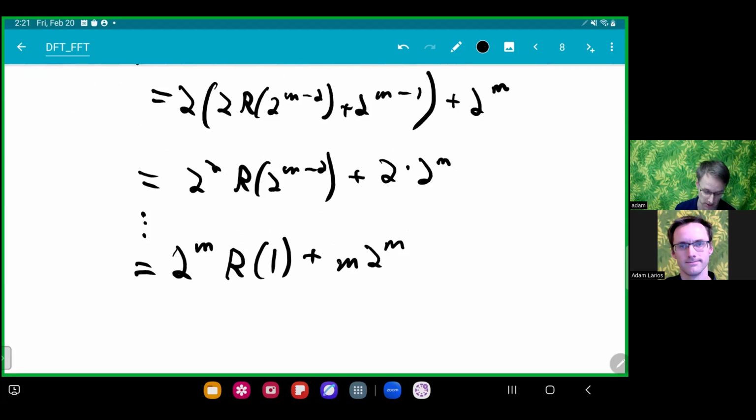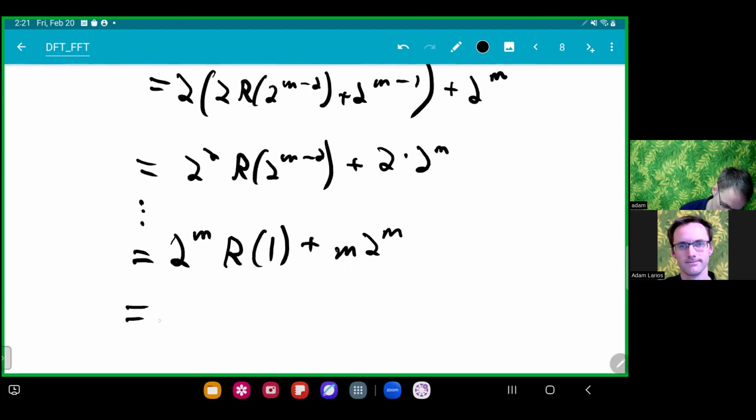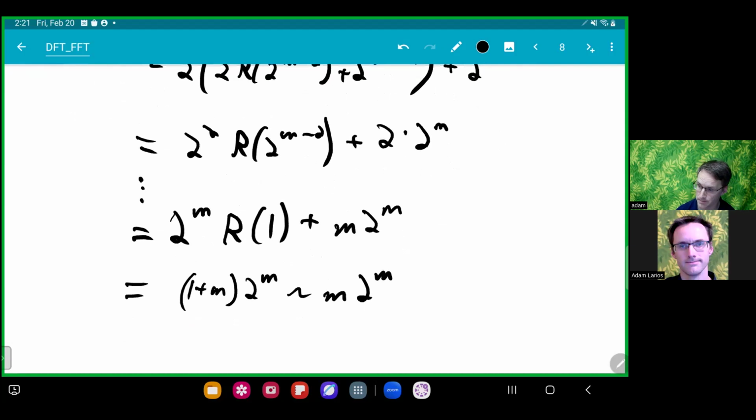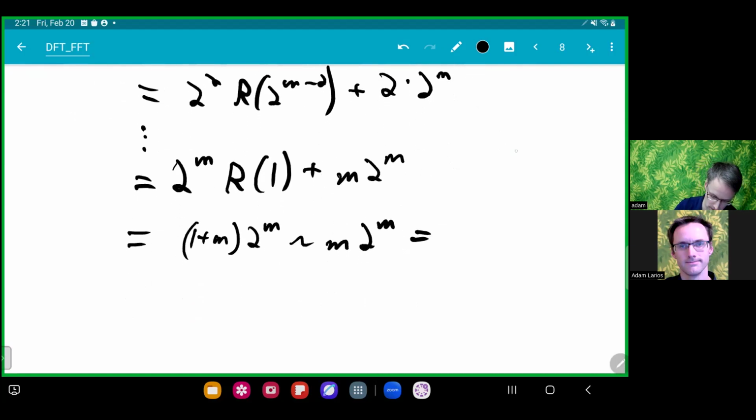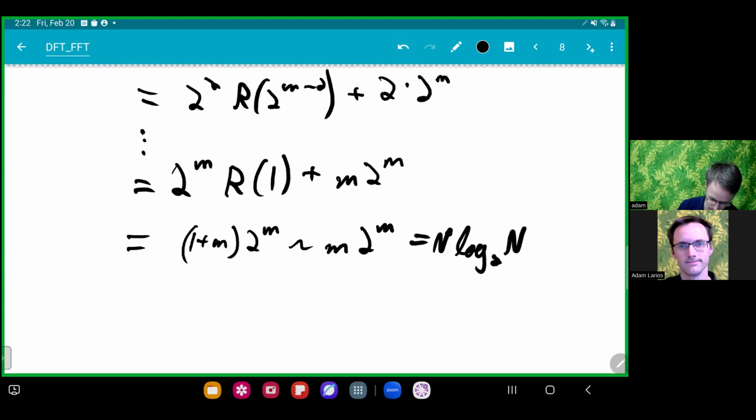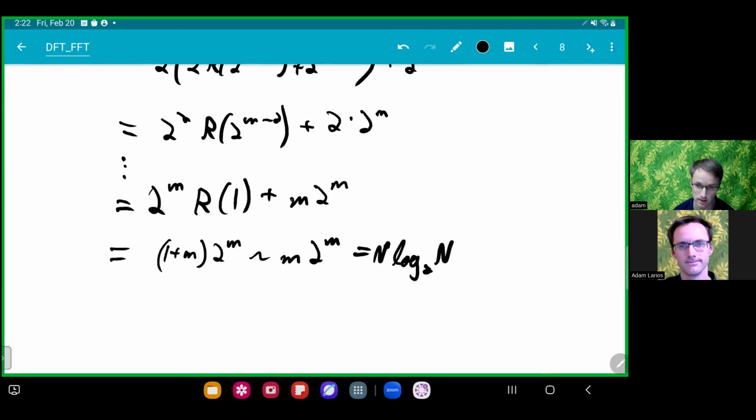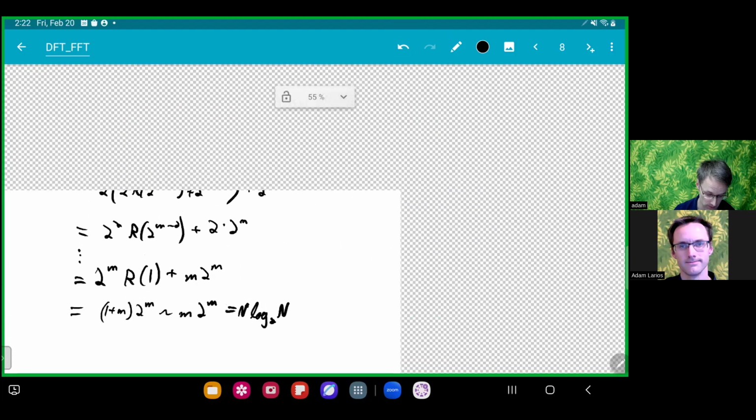So this is something like R1, the cost of computing one of these, which maybe we just call 1, plus m times 2 to the m. Roughly speaking, this is m times 2 to the m. But converting, since 2 to the m is n, m will be log base 2 of n, and then the 2 to the m will be n. So that's where this famous n log n speed for the fast Fourier transform comes from.